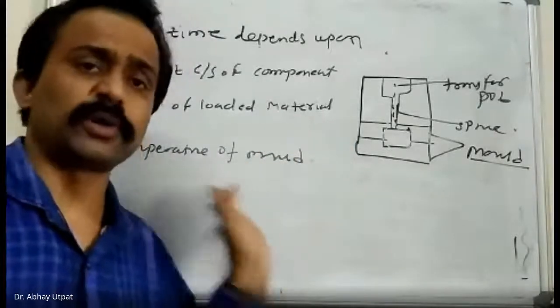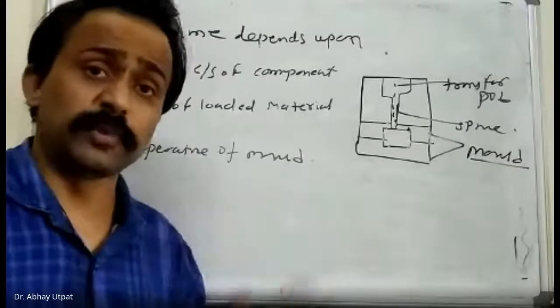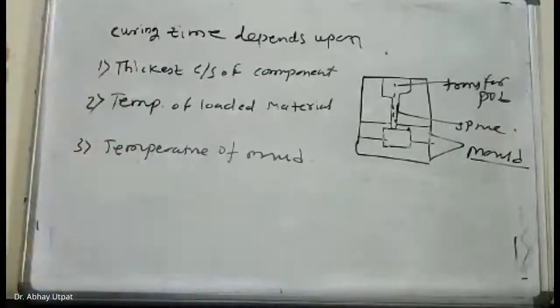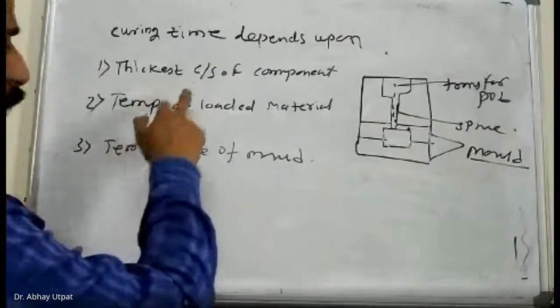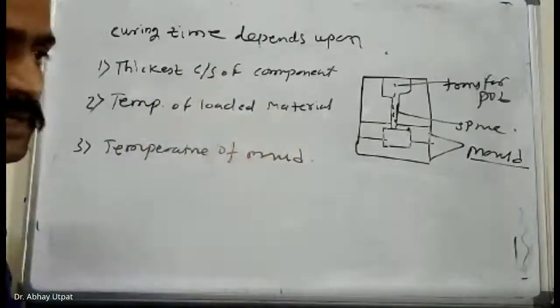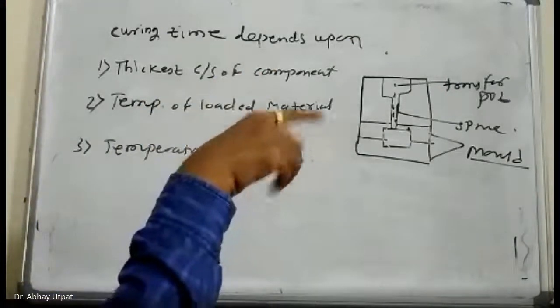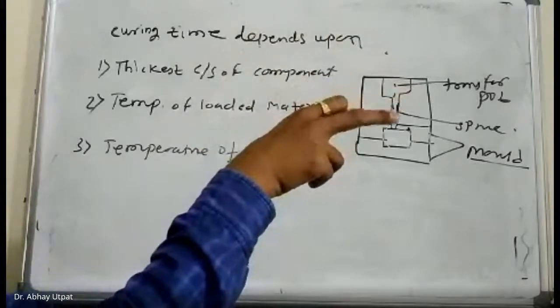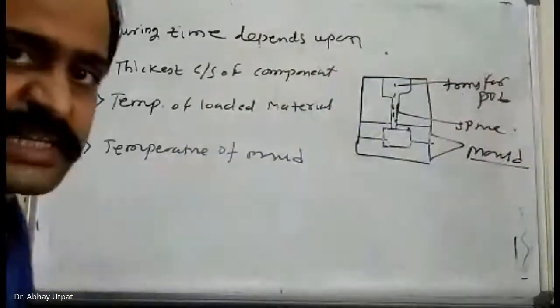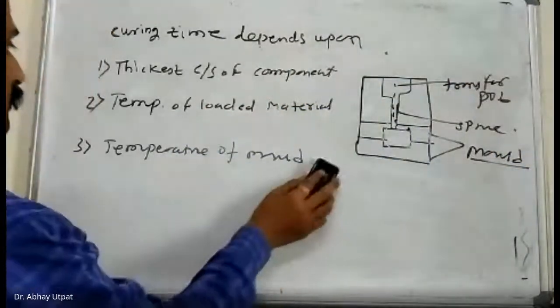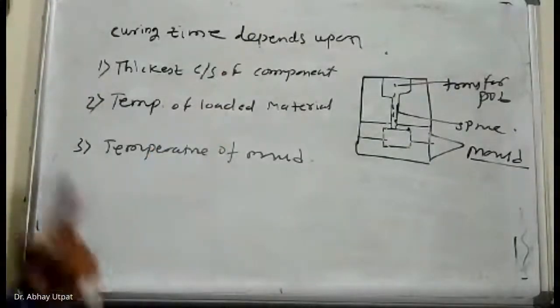So we will draw one table, which may be part of an MCQ. So draw that table. Now I am giving the material with loaded temperature and mold temperature. So for X material, loaded temperature should be Y and mold temperature should be Z, in that way. I hope you have noted this down.